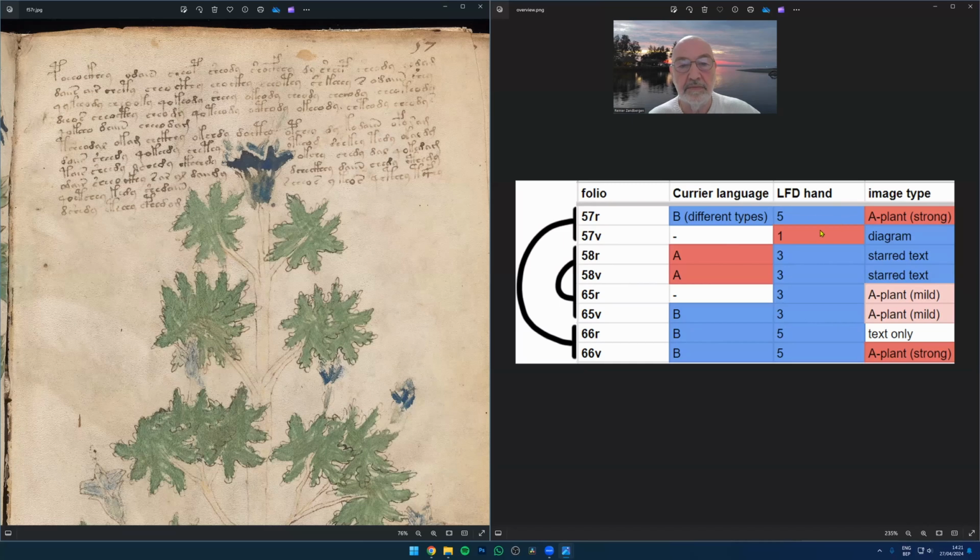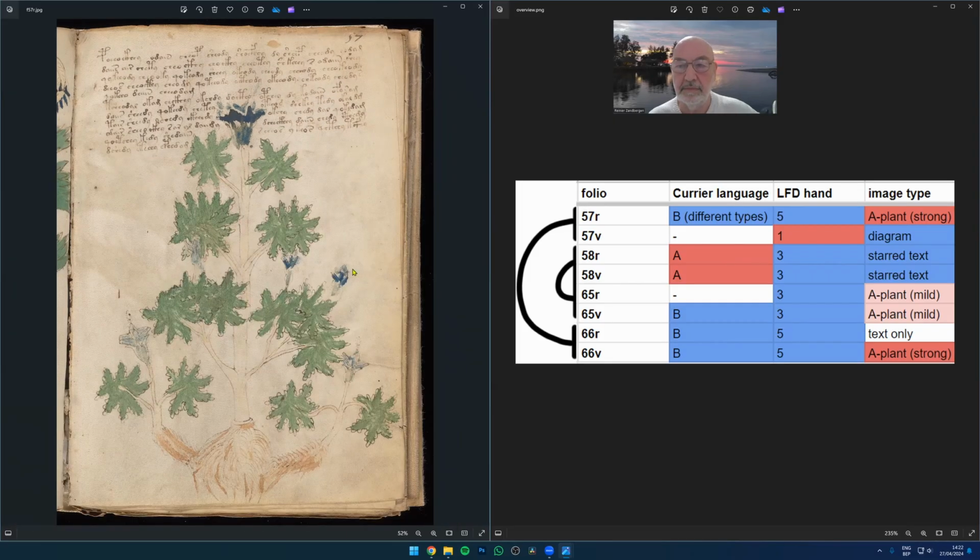And another weirder thing about this is that both of these are by the same scribe. We're going by Lisa's scribes here, of course. And this scribe is rare in the herbal section, scribe 5. And now this plant has very, very strong A properties. With A properties, we mean properties found usually only in herbal A, so with Currier A language, which is for us really interesting, of course, because we never find any conflict of language and plant that is this strong.